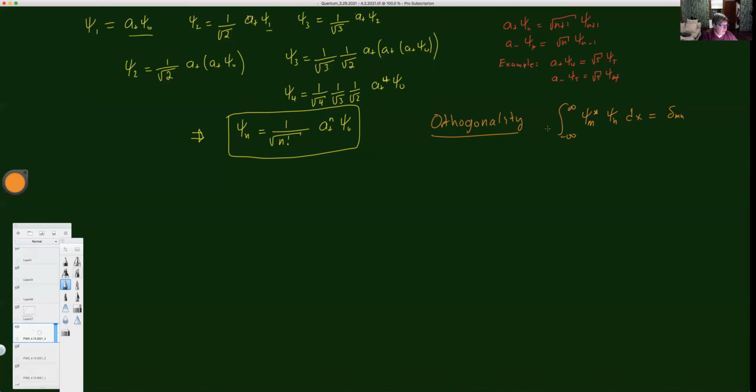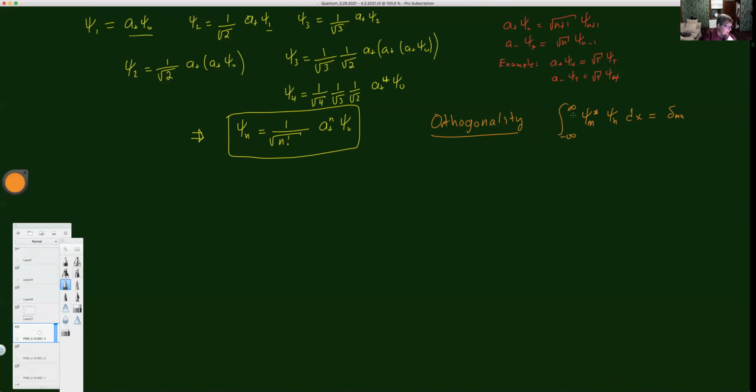All right, now the next thing we're going to be doing is a worksheet. The first part of the worksheet is literally redoing how we found psi 1 by applying A plus to psi 0. I did that for you in the previous video, so that's a freebie, but I would try to do it yourself.